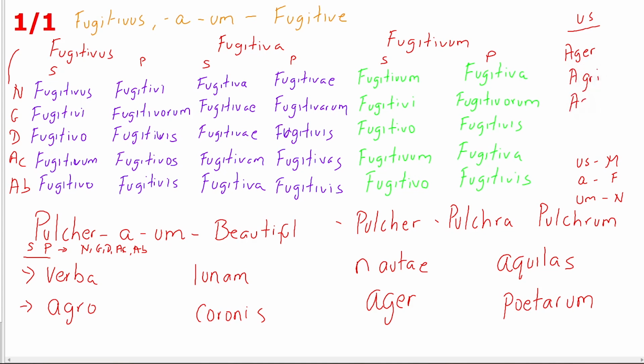Then agro, agrum, agro. So this pulcher will follow this rule of the masculine, whereas feminine and neuter are straightforward. Only in the masculine, since it belongs to the second group, there is a slight change. So do this remaining homework.